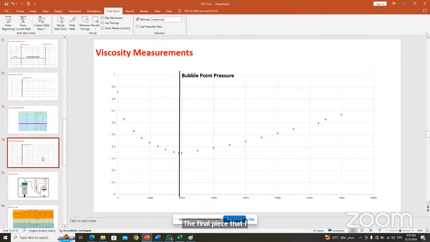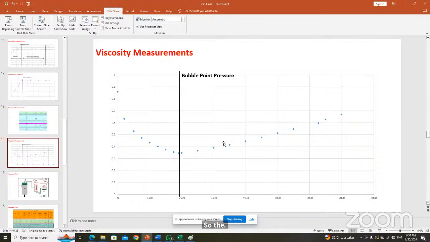So, we have this viscosity curve. As the pressure decreases, the viscosity decreases, because viscosity is a resistance to flow. Once you remove pressure from the system, it's easier for the system to flow, right?